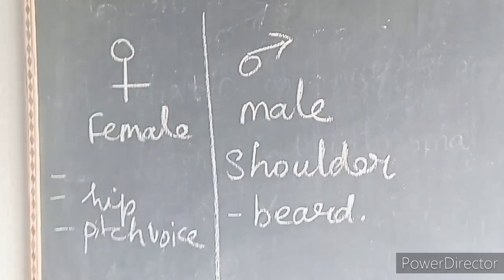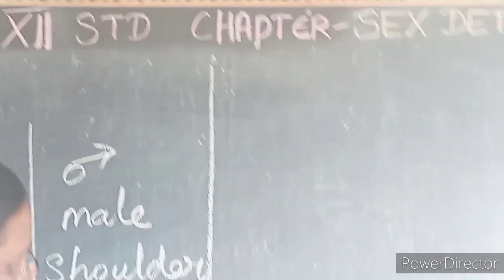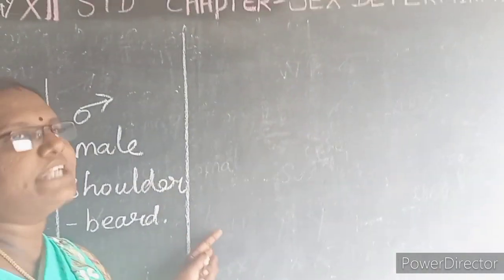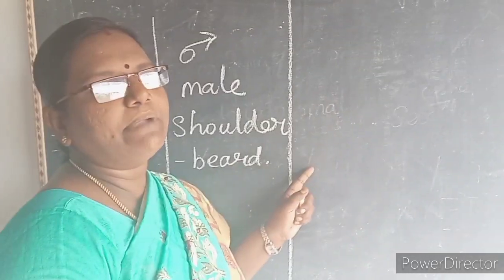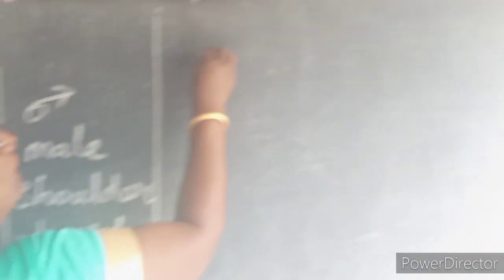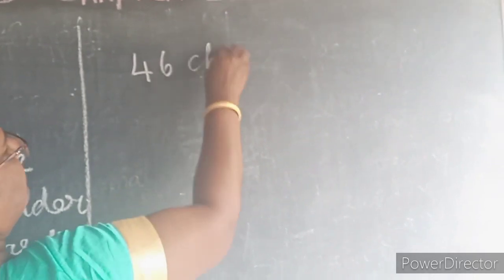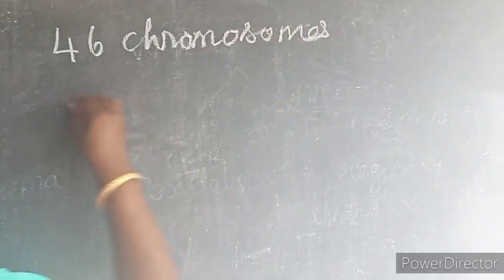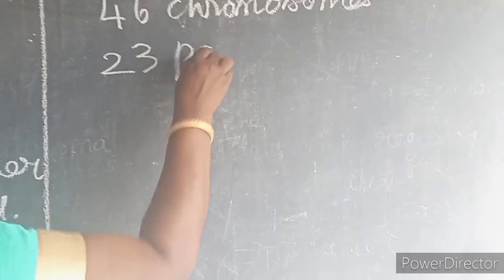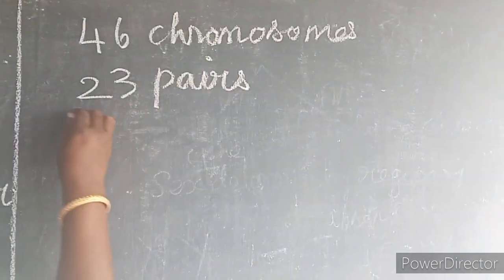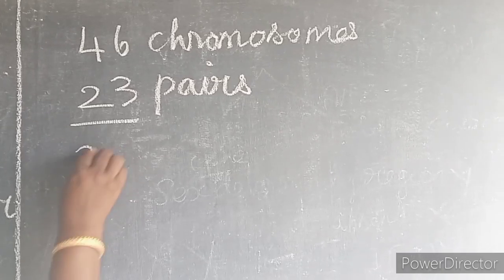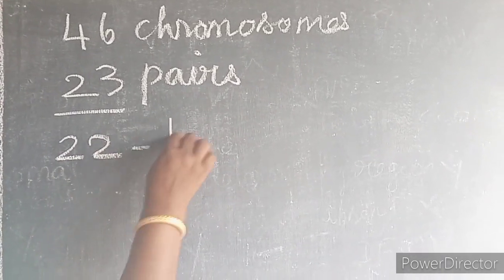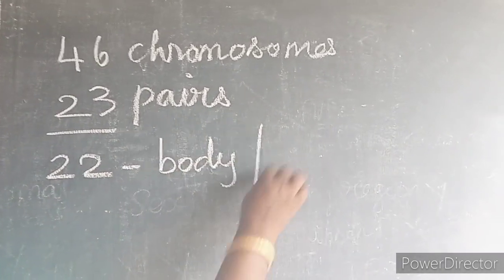In this class we are going to see how to differentiate the male and the female organism. There are 46 chromosomes in our body, or 23 pairs of chromosomes. Out of these 23 pairs, 22 are the body chromosomes or autosomes.